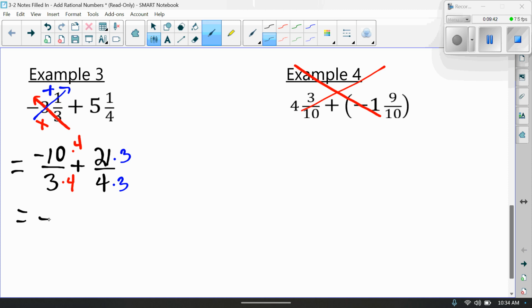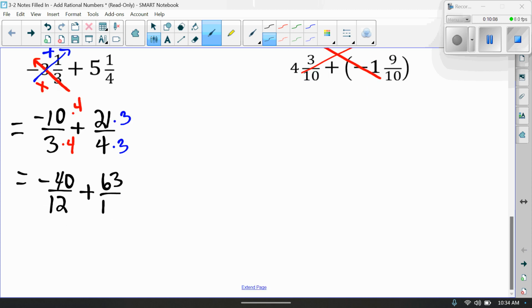So now, we've got a negative, 10 times 4 is 40, so that's negative 40 over 3 times 4 is 12, plus 21 times 3 is 63, over 4 times 3 again is 12. So now we have negative 40 twelfths plus 63 twelfths.